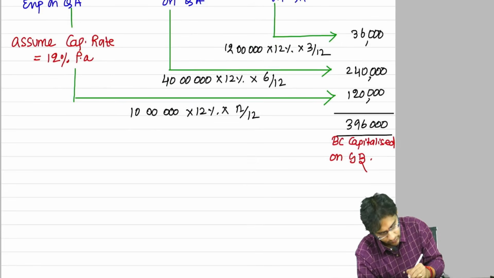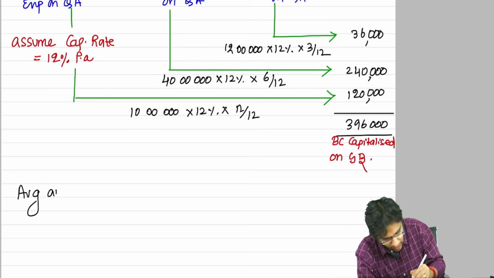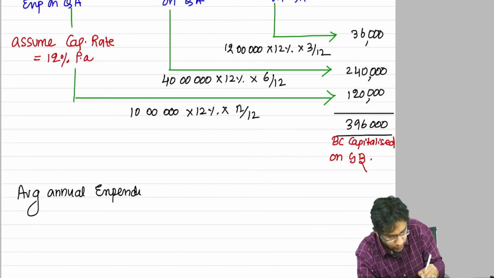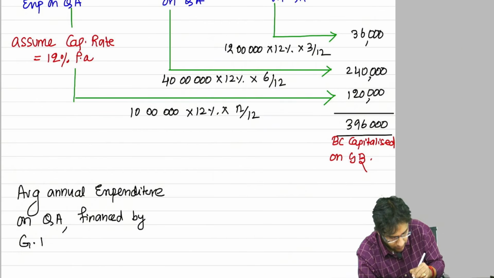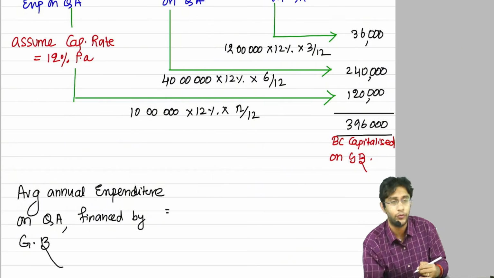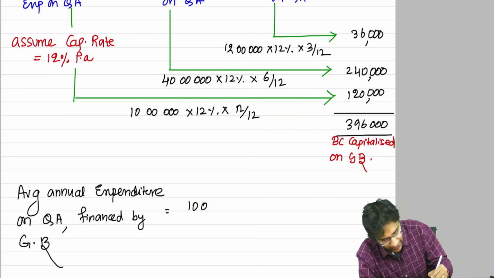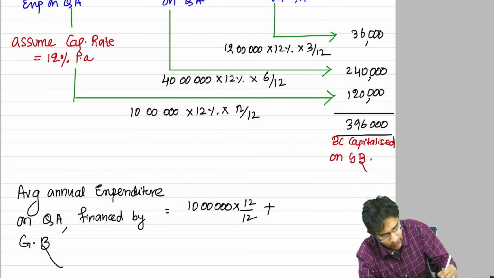Alternative version is: work out average annual expenditure on qualifying asset financed by general borrowings, which means 10 lakh money is used in the project for a period of 12 months. 40 lakh money is used in the project for a period of 6 months.